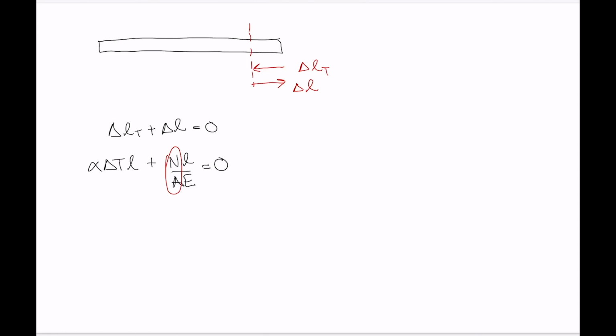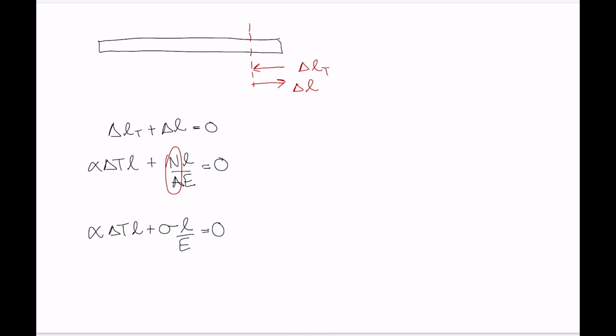So we'll change this to alpha delta T L plus sigma L over E equals 0. This sigma is the stress that the girder is under when we have that temperature change.